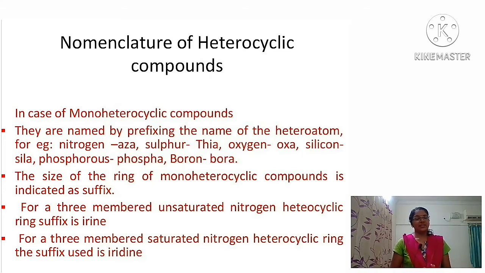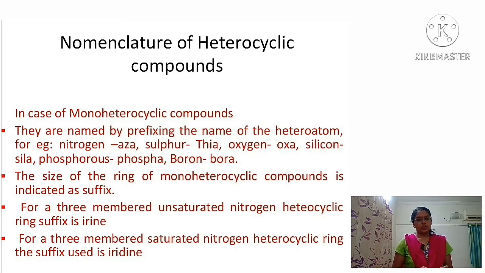Let us consider a 3-membered nitrogen-containing monoheterocyclic compound. This can exist in an unsaturated form, that is, it contains a double bond, or it can be saturated, without a double bond. If it is an unsaturated 3-membered nitrogen monoheterocycle, the suffix used is irene.